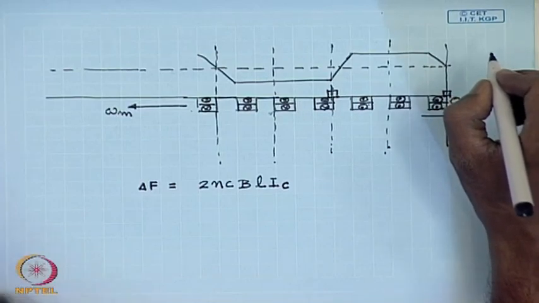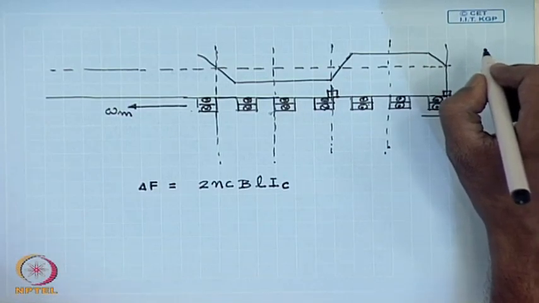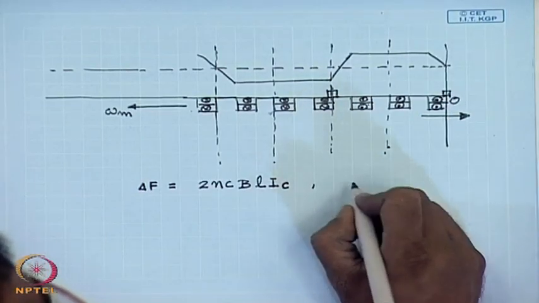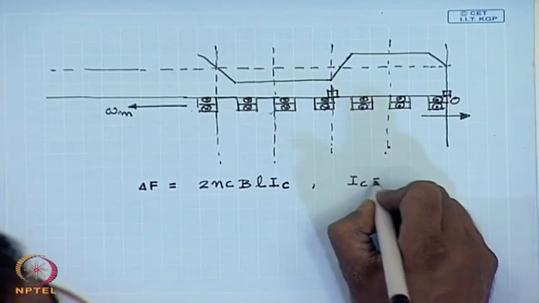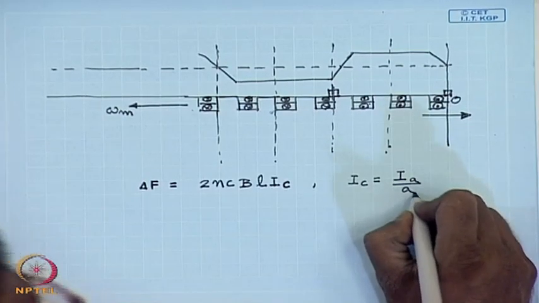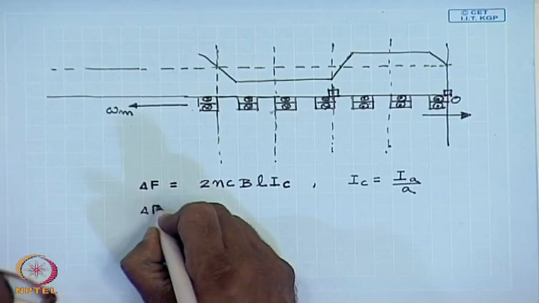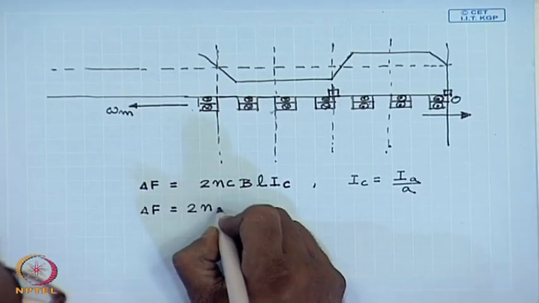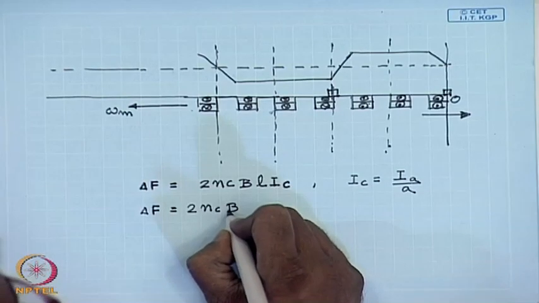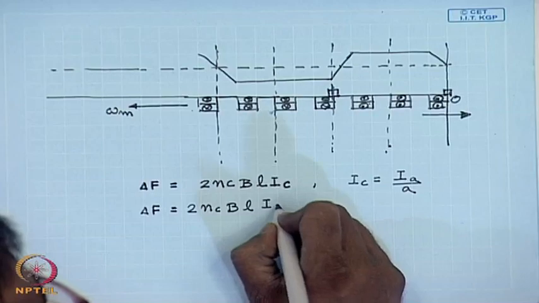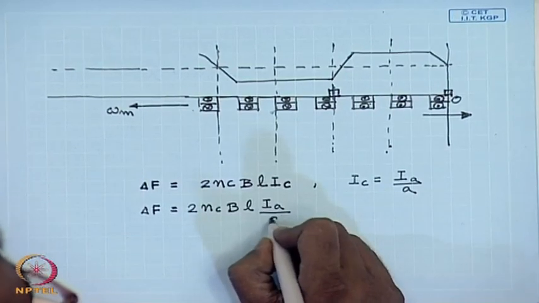Now, if the armature has A parallel paths, then I c equal to armature current I a by A. Therefore, delta F equal to 2 N c B L I a by A.